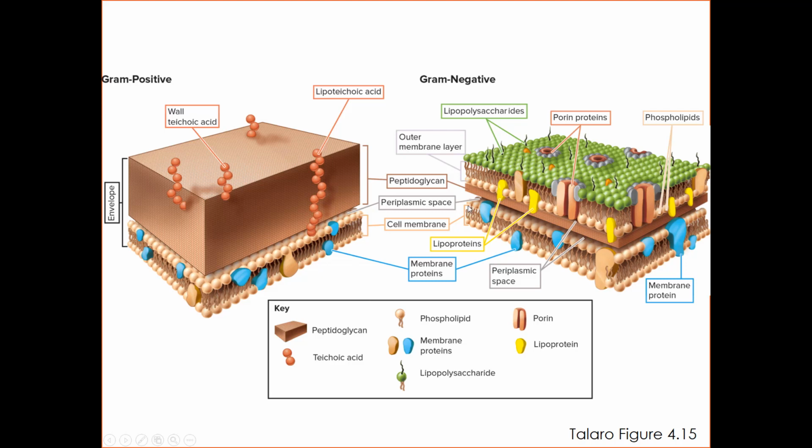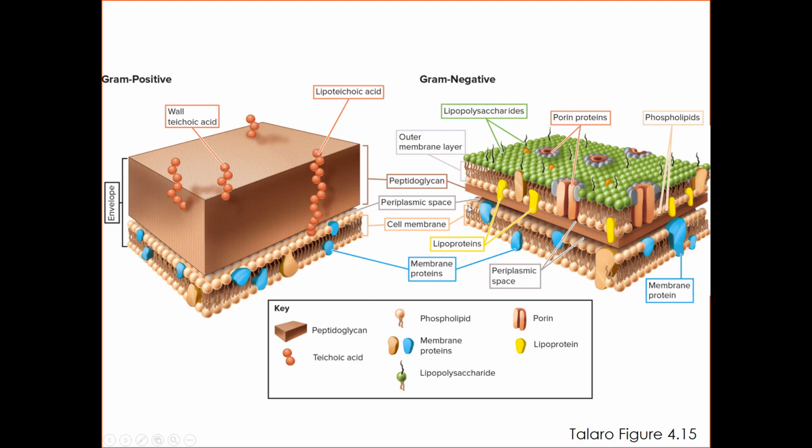Remember, that's where the periplasmic flagella are in gram-negative spirochetes. But it's also one of those things that is so narrow in gram-positive bacteria that we often get lazy and say that gram-positive bacteria do not have a periplasmic space. They do, it's just so small that we say that they don't have one because we're lazy.